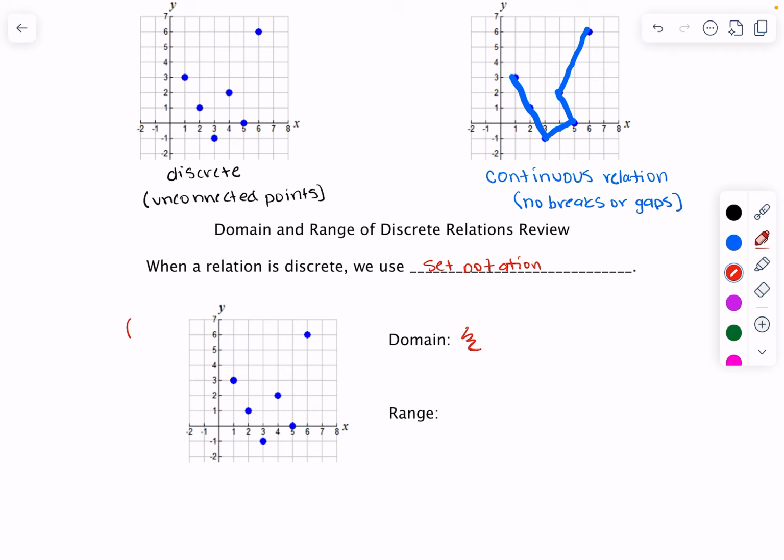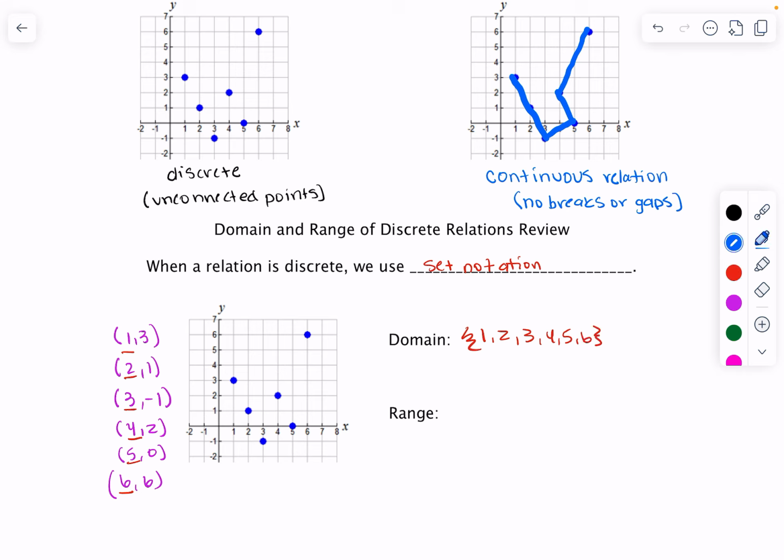So the coordinate pairs here are 1, 3, 2, 1, 3, negative 1, 4, 2, 5, 0, and 6, 6. If I want to find the domain, I list all those x values: 1, 2, 3, 4, 5, 6, and end with a curly bracket, set notation.